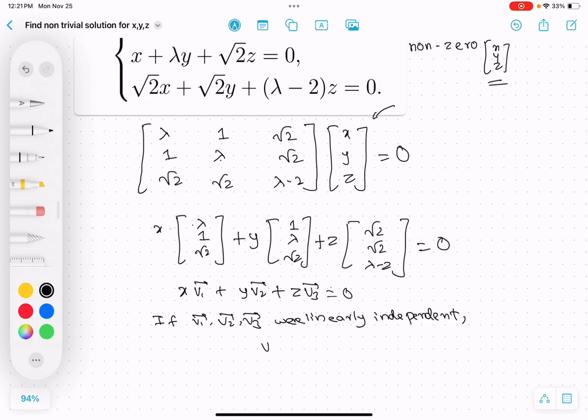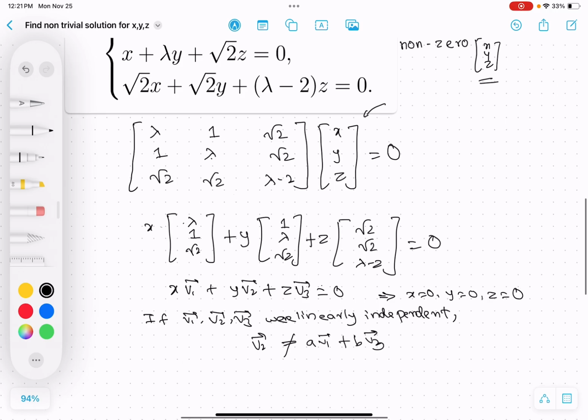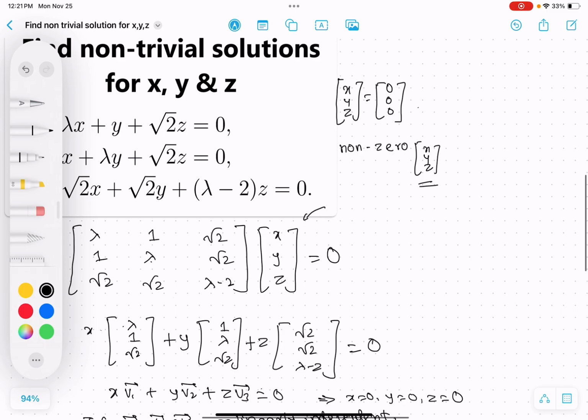That means they cannot have a relation with x, y, z being non-zero numbers. So for linearly independent vectors, the only solution for this equation would be x equals 0, y equals 0, z equals 0. But that's not what we wanted. We want non-zero solutions.